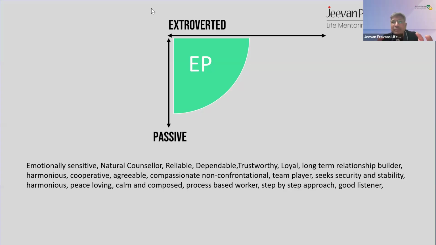Accordingly, we are able to get which factor is more predominant, and from there we see that this quadrant has got the maximum points or numbers, then this is the second one, this is the third, this is the fourth.